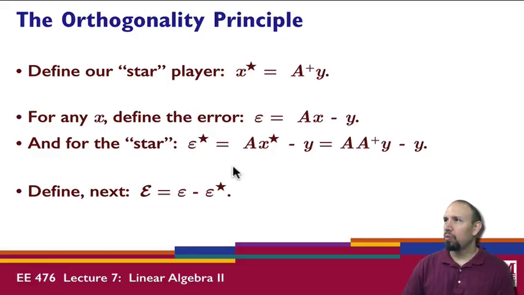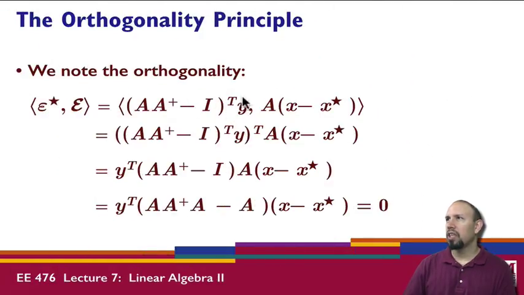Why is that? Again, if we factor out y, we get A pseudo-inverse minus I times y. That makes sense. Now, if you recall, A times A pseudo-inverse must be symmetric. The identity is symmetric. The difference between the two will be symmetric, and that's why we can get the transpose here. Now, why do we need the transpose? Because when we take the inner product, we take this quantity transposed times this quantity.